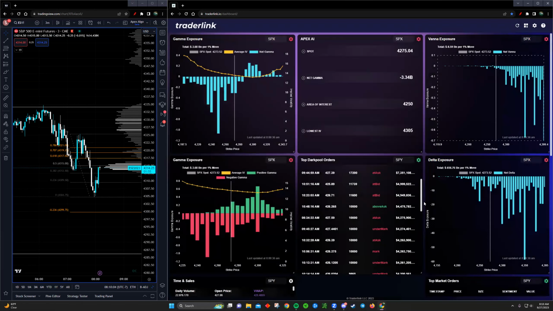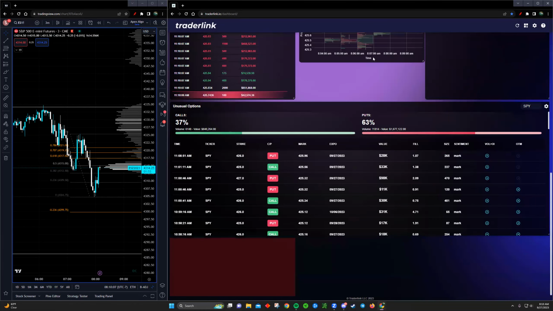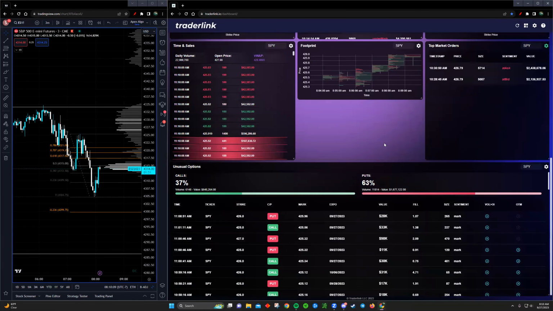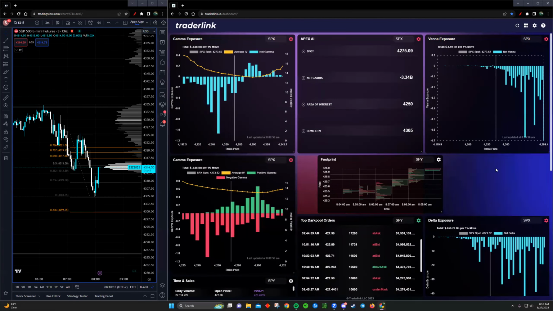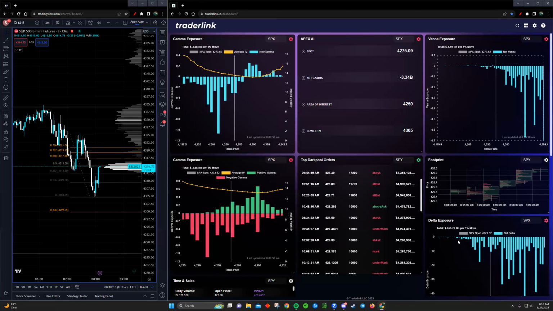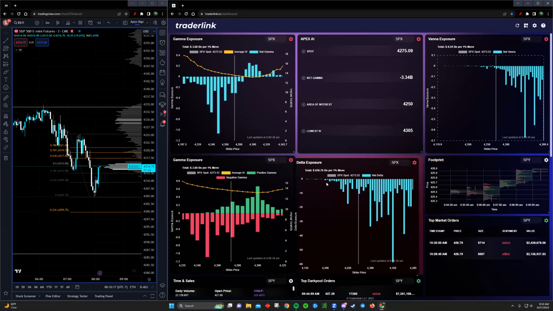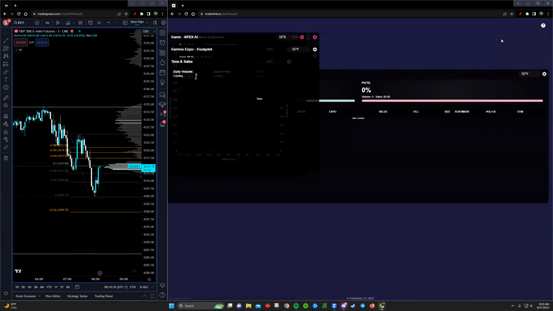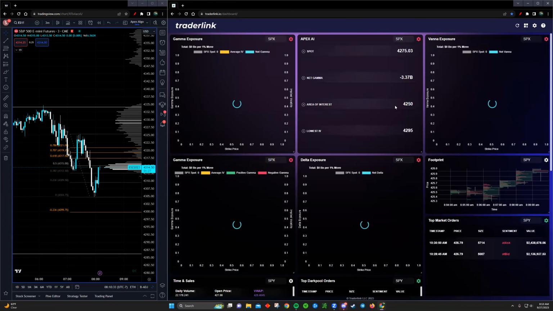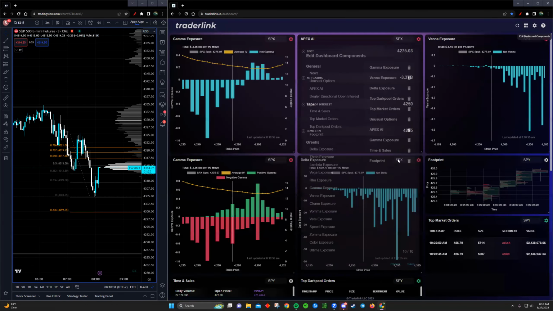Can I break my computer today by running a footprint and time and sales? Holy shit, my computer is about to break. Okay, hold on. Let's refresh this page. Just get rid of the footprint again because it is destroying my computer.